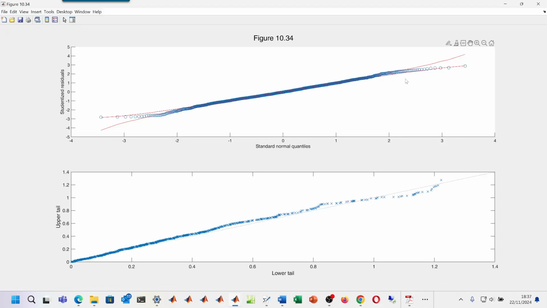Now they are just about lying on or very slightly outside the envelope, and similarly, the bulge at the bottom has disappeared. And if we look at the other plot, you see that it is much more nearly straight than it was before.